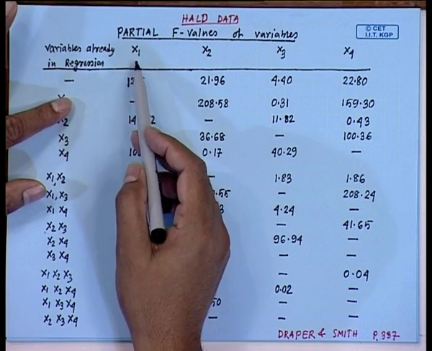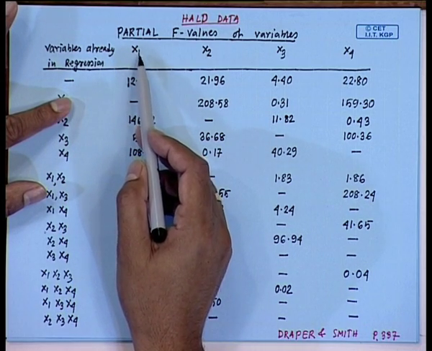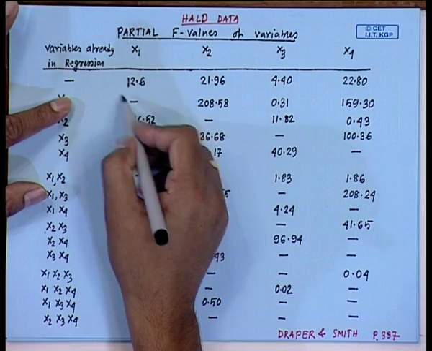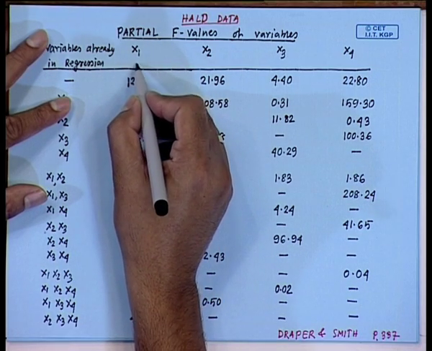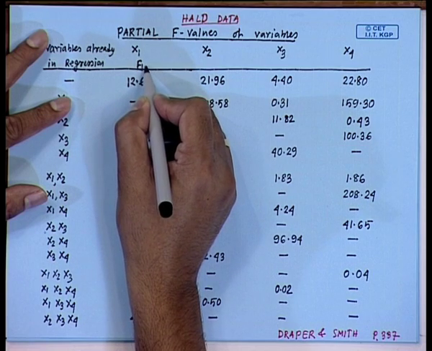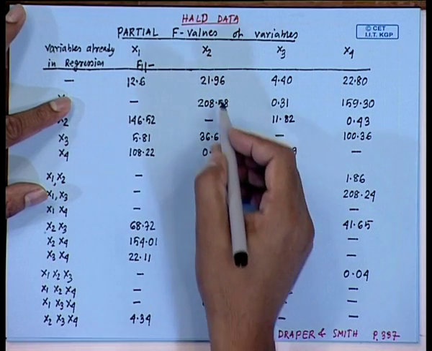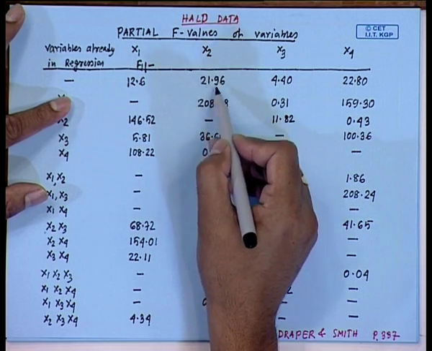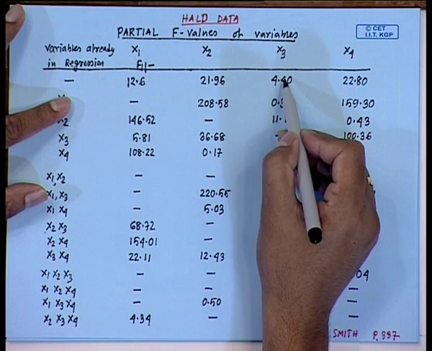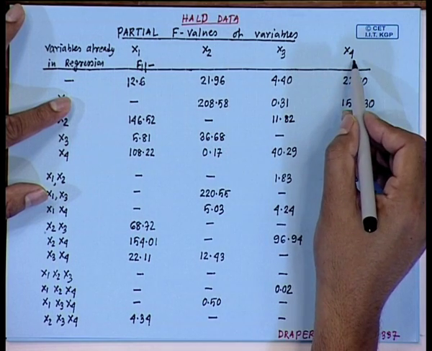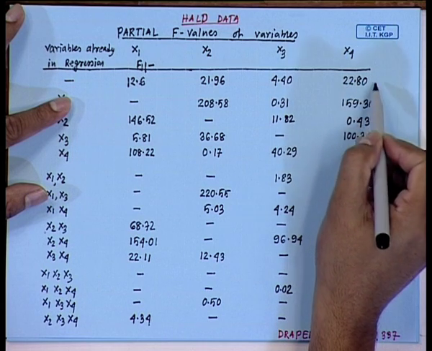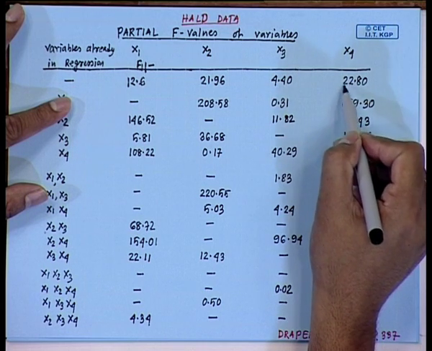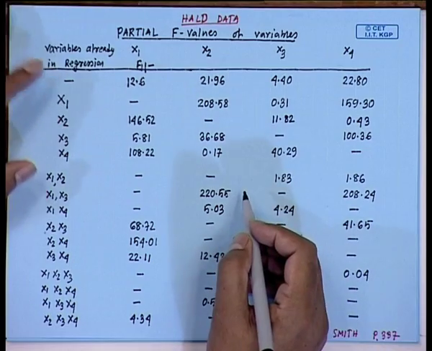So, x 1 is the only regressor in the model. This is what we denote F 1 in the presence of nothing, and this one is F 2 in the presence of nothing, F 3 in the presence of nothing, F 4 in the presence of nothing. If you can recall this value, 22.8.